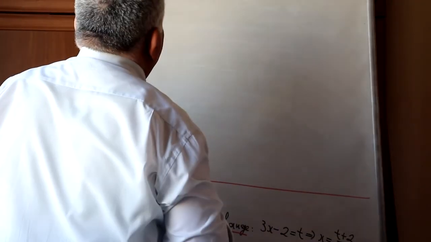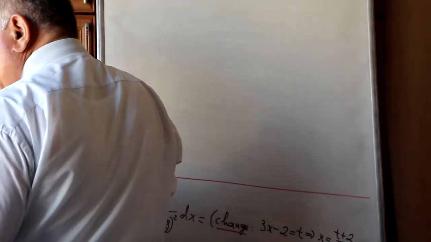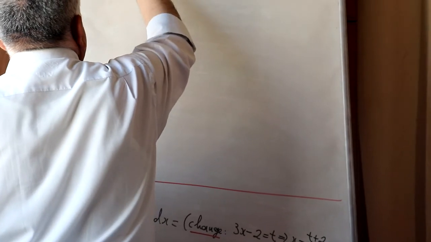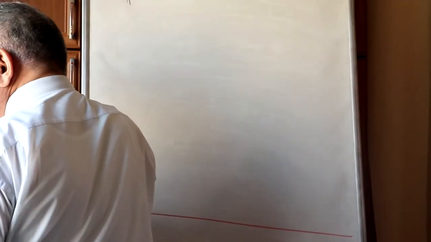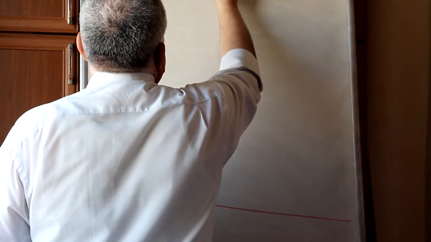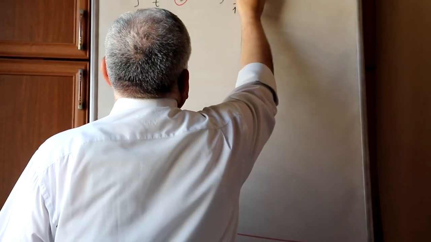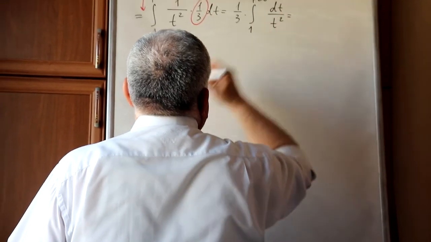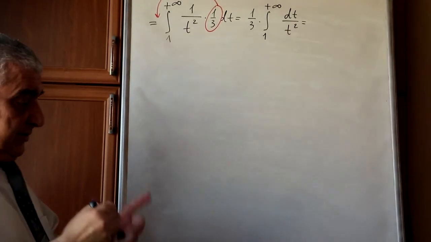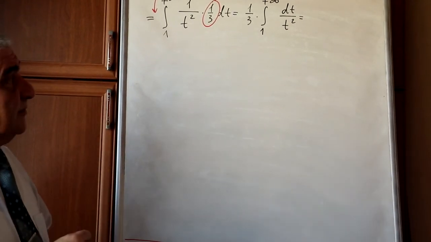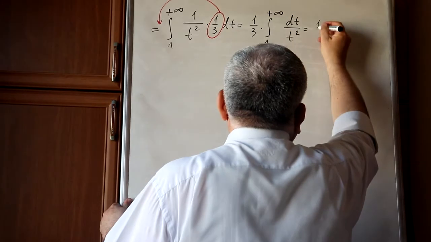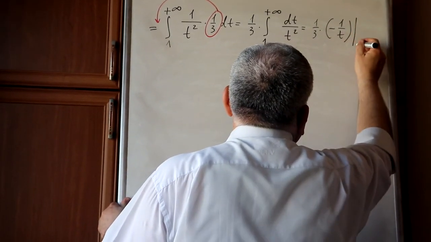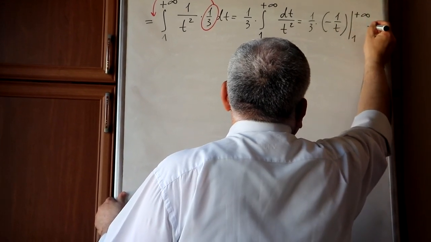Then we can take 1/3 out of the integral symbol because 1/3 is constant factor. 1/3 multiplied by integral from 1 to plus infinity of dt over t squared. The antiderivative of 1 over t squared is minus 1 over t. 1/3 followed by minus 1 over t with double substitution from 1 to plus infinity.